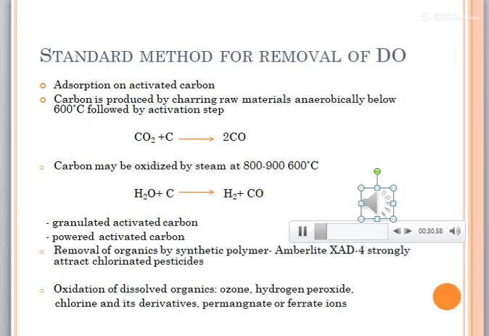Carbon dioxide may be employed as an oxidizing agent at 600 to 700 degrees Celsius and converted into carbon monoxide, or the carbon may be oxidized by steam at 800 to 900 degrees Celsius, with conversion into carbon monoxide. These processes develop porosity, increase the surface area, and leave the carbon atoms in arrangements that have affinities for organic compounds.